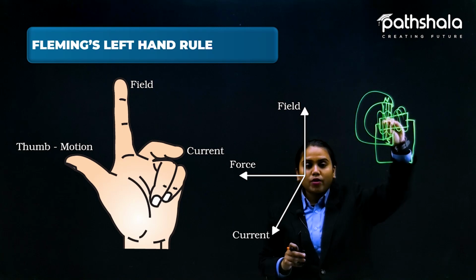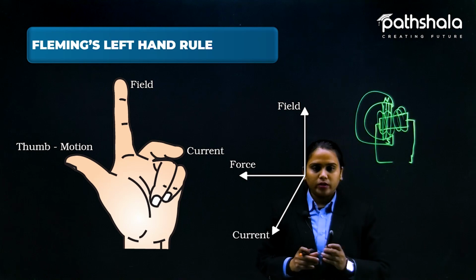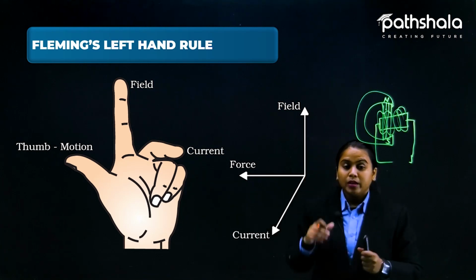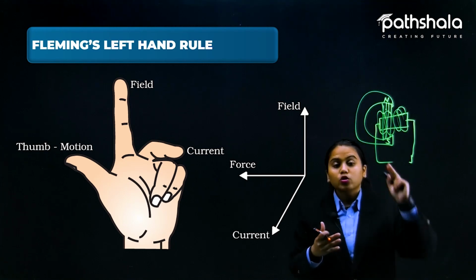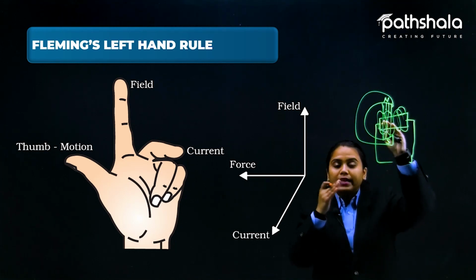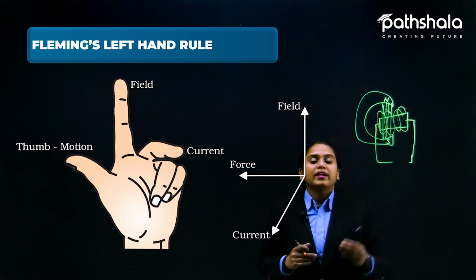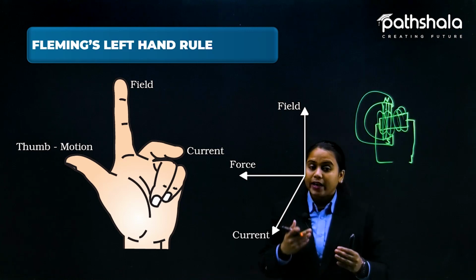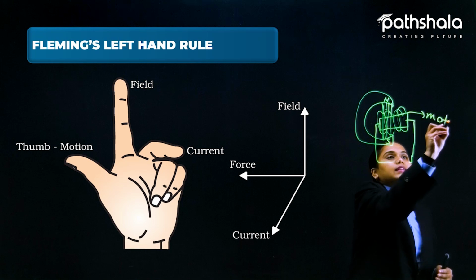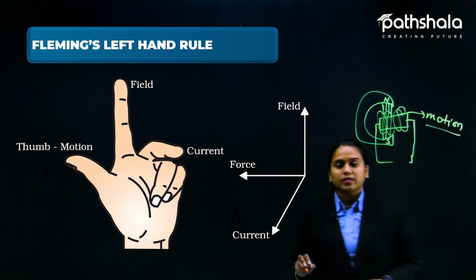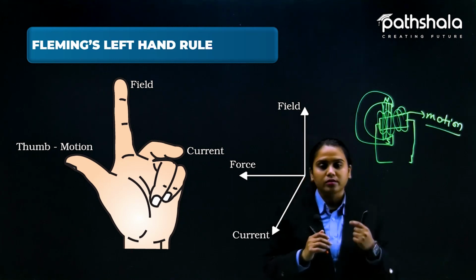The clash of the magnetic fields makes it feel a force, and the force produces motion in the rod, which will automatically start moving. That motion helps us in applications in day-to-day life. As I have told you, we can use it in motors.